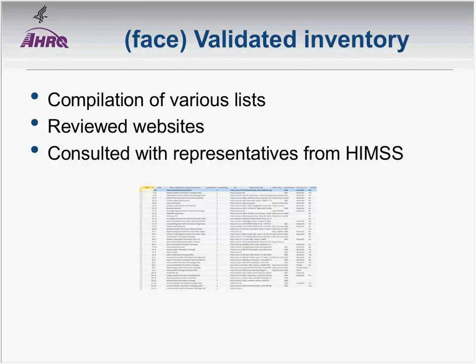We then reviewed websites to pull extra data on these organizations, what they were reporting, and we did all this in consultation with representatives from HIMSS who had been convening several working groups around health information exchange activities, so they had a nice insider knowledge.